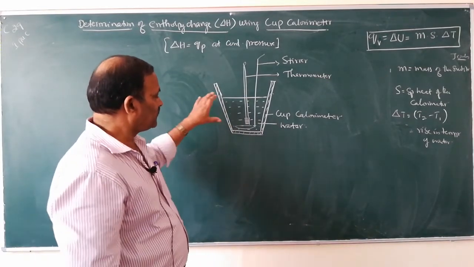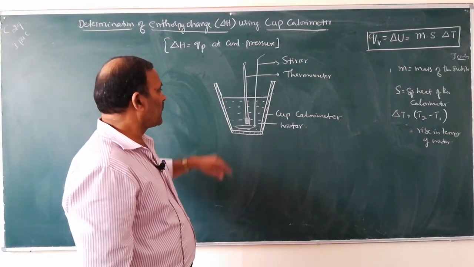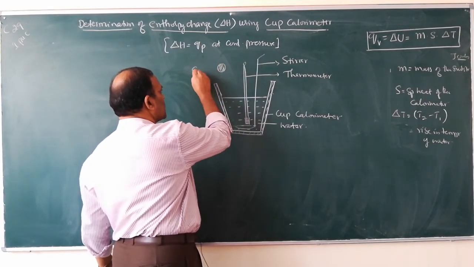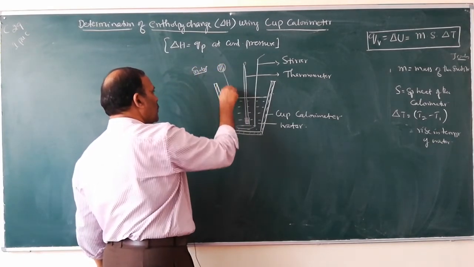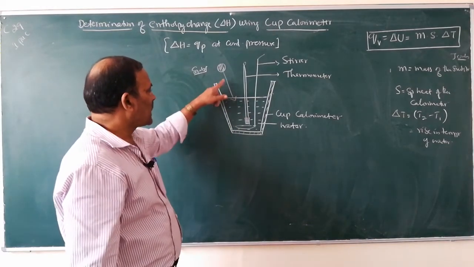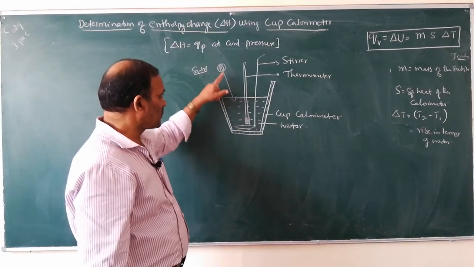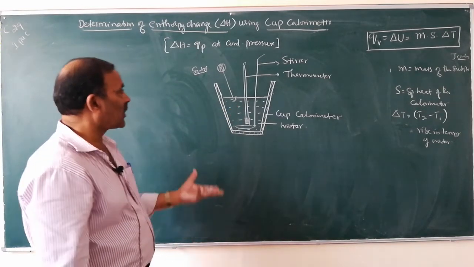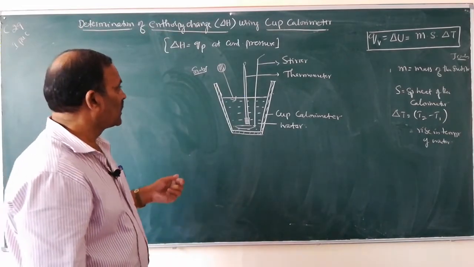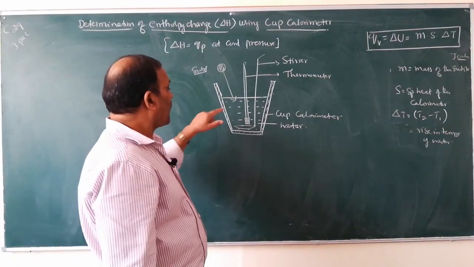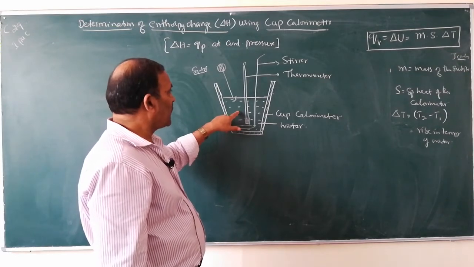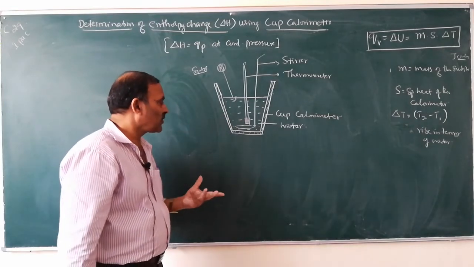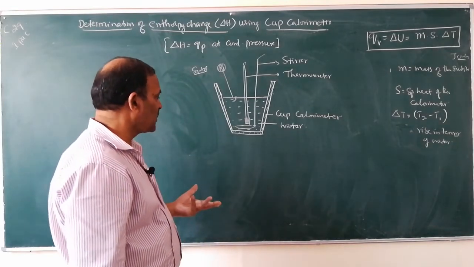So here this is water. A known amount of substance is added into water. The substance reacts with water with the liberation or absorption of heat. So measure the temperature of water before the reaction, that is T1. Measure the temperature of water after the reaction, that is T2.